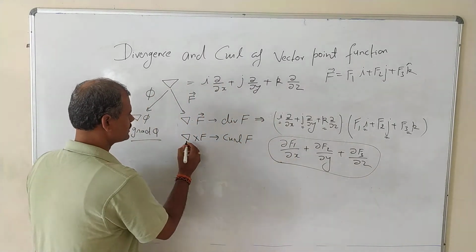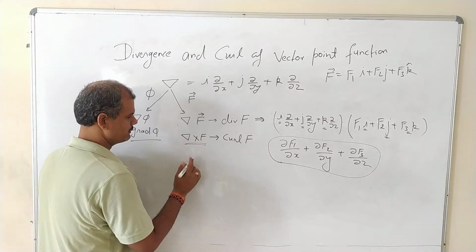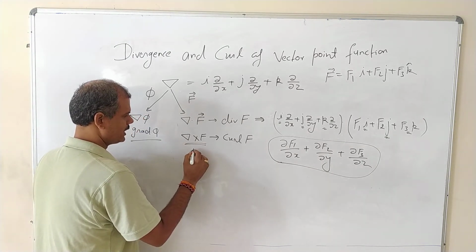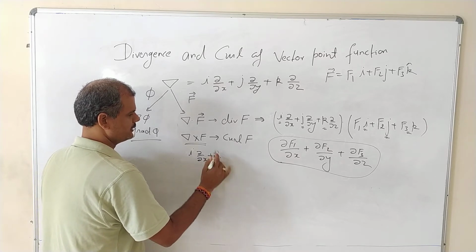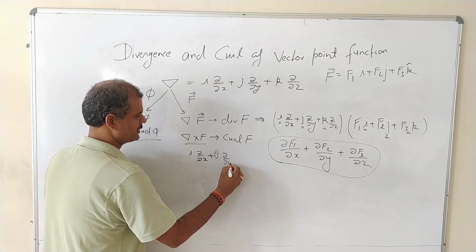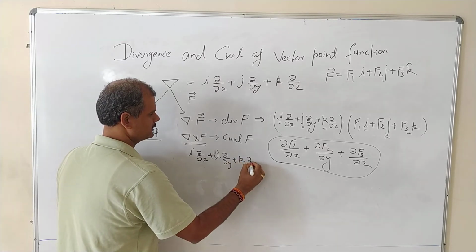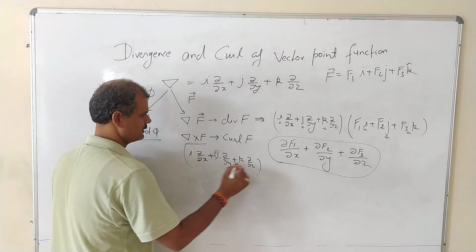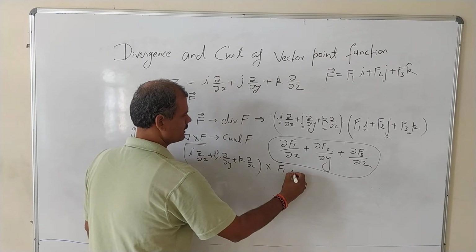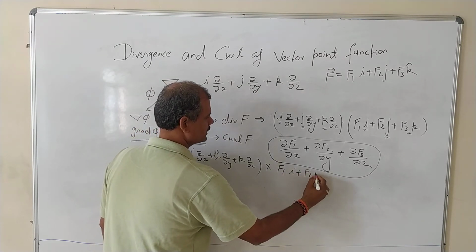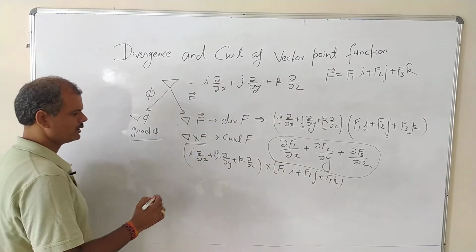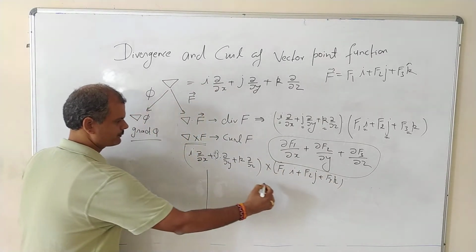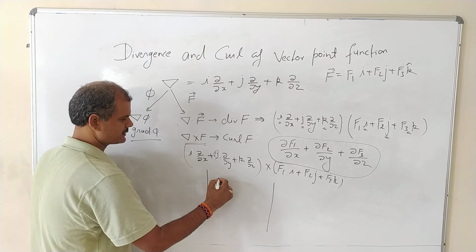Okay, what is this curl of f? Curl will be i del by del x plus j del by del y plus k del by del z cross f1 i plus f2 j plus f3 k. So this will be the determinant of a 3 cross 3 matrix.